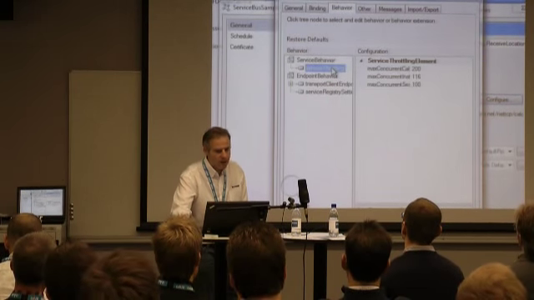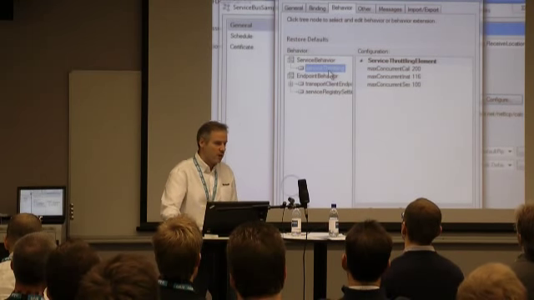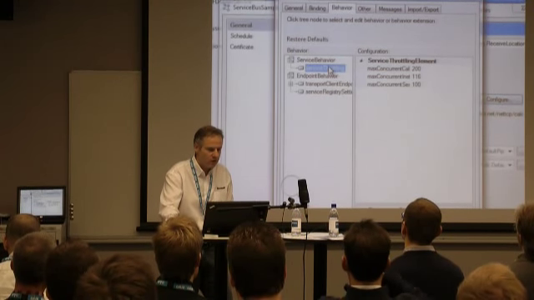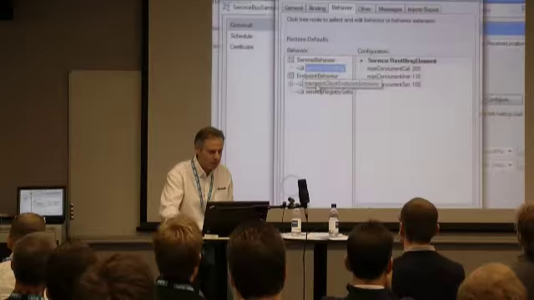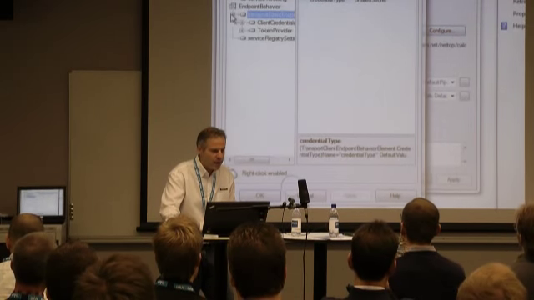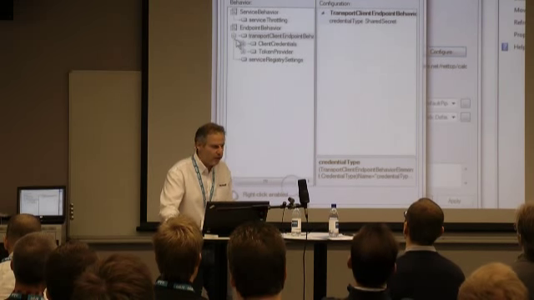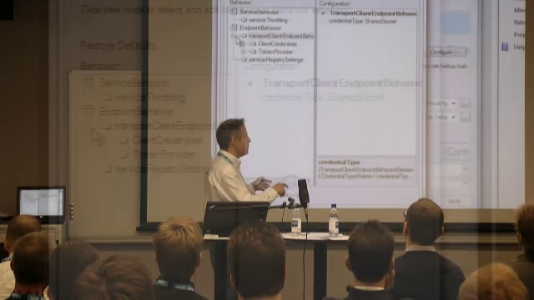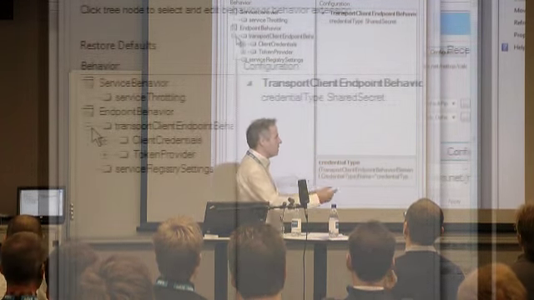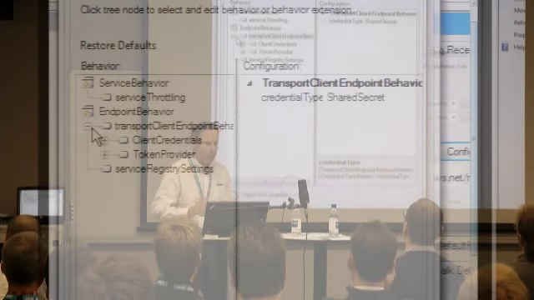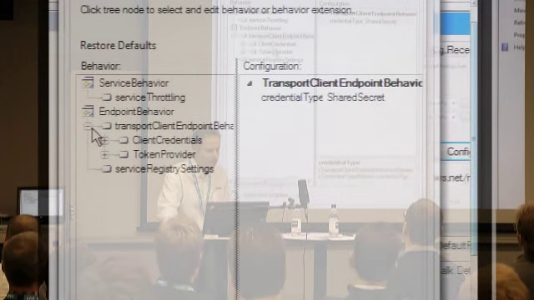In this section, as always, there is the service throttling behavior, just because you want to set the maximum concurrent calls. The transport client endpoint behavior sets the credentials used by the WCF receive location to authenticate against ACS in order to open the service endpoint in the cloud.